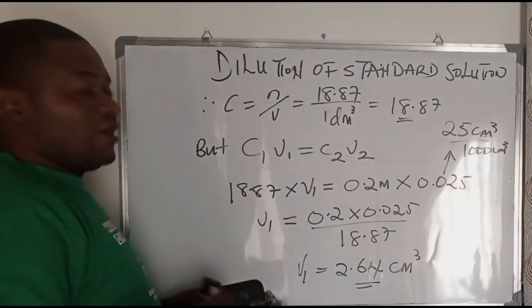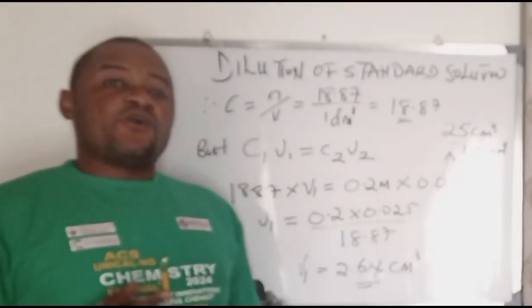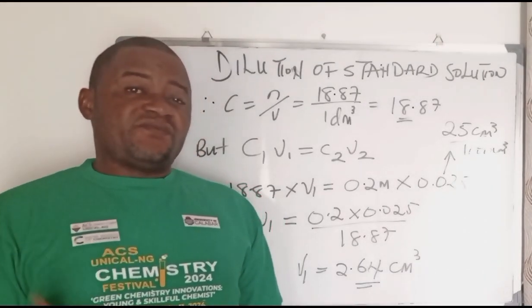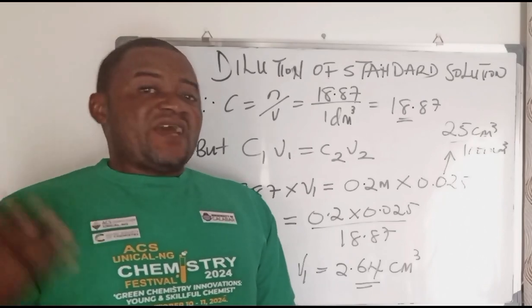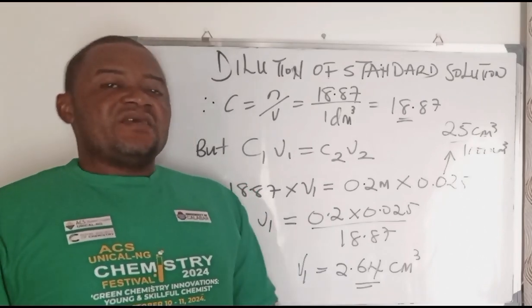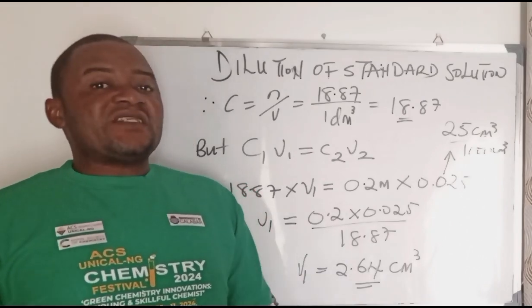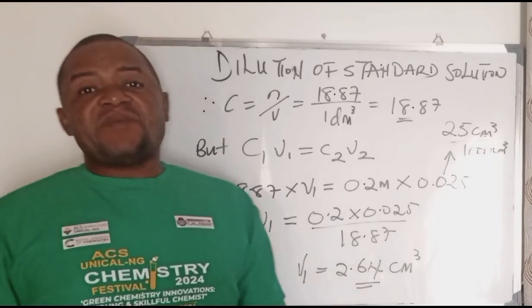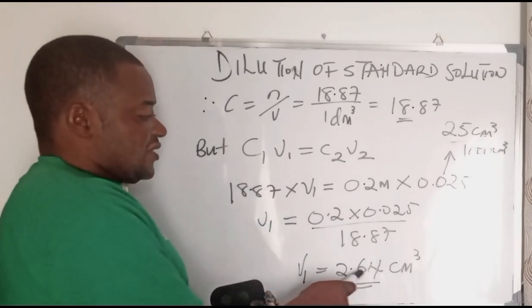Initially, you have 0.00249 or 245 something, and that will be rather in dm cube. So you convert it from dm cube to what? To centimeter cube by dividing by 1000. So you're going to have 2.64.